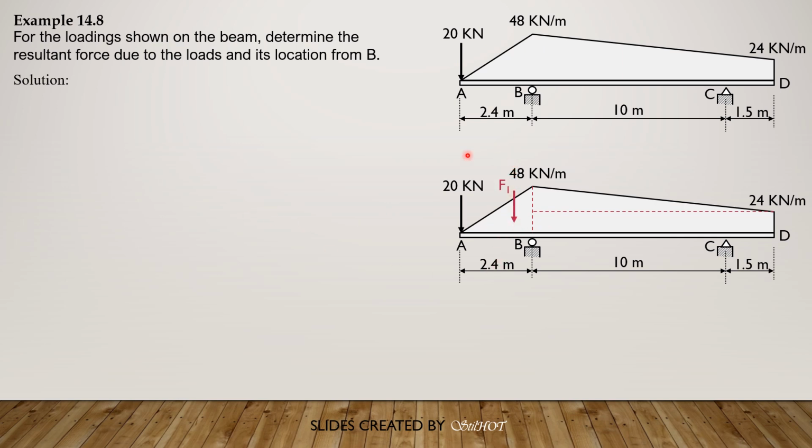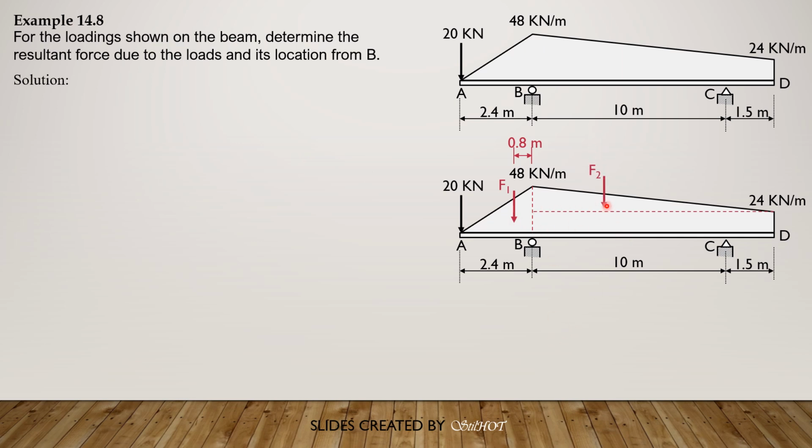Its distance from the left is 2/3 of 2.4, so 1.6, because that's 0.8, so 1.6 from 0.8 meter from B. So we should reckon it from B, because the question here is the location of the resultant of the loads from B. Then this one is F2.